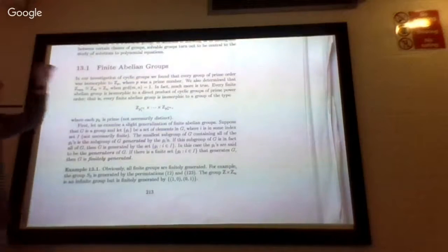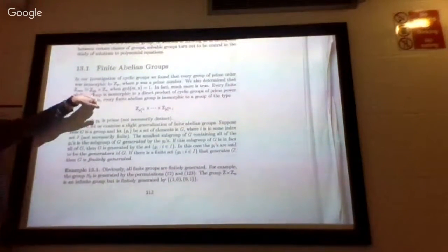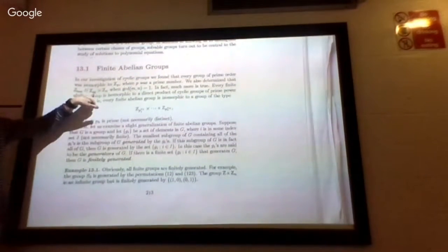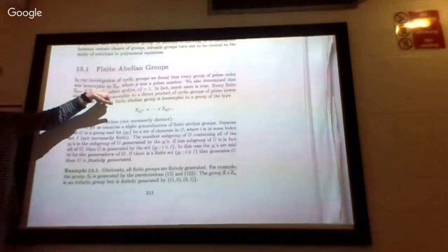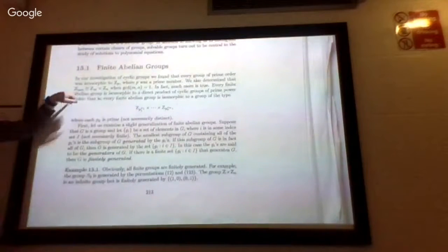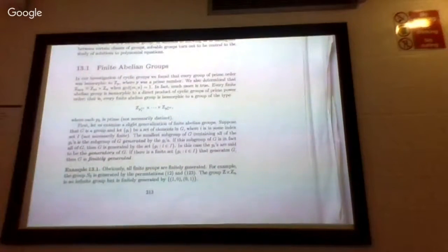We also proved that if m and n are coprime, then the direct product of Z_m and Z_n, a cyclic group of size m and a cyclic group of size n, is isomorphic to the cyclic group of size mn. We proved that result in the direct product chapter.